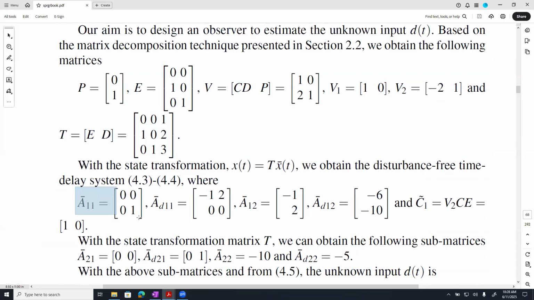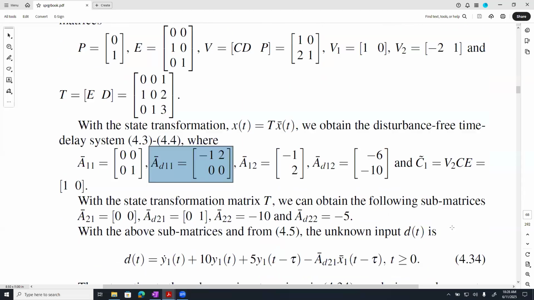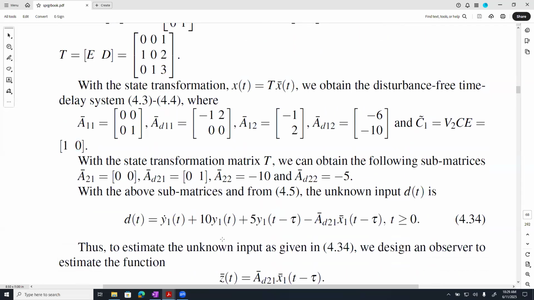So we got a reduced order time delay system with the matrices A bar 1,1 and D bar 1,1, as well as the reduced order output matrix, which is a canonical form 1 and 0. And the key thing about this is that when we do the realization, we have matrix A bar 2,1 is 0. A bar 2,1 is 0.